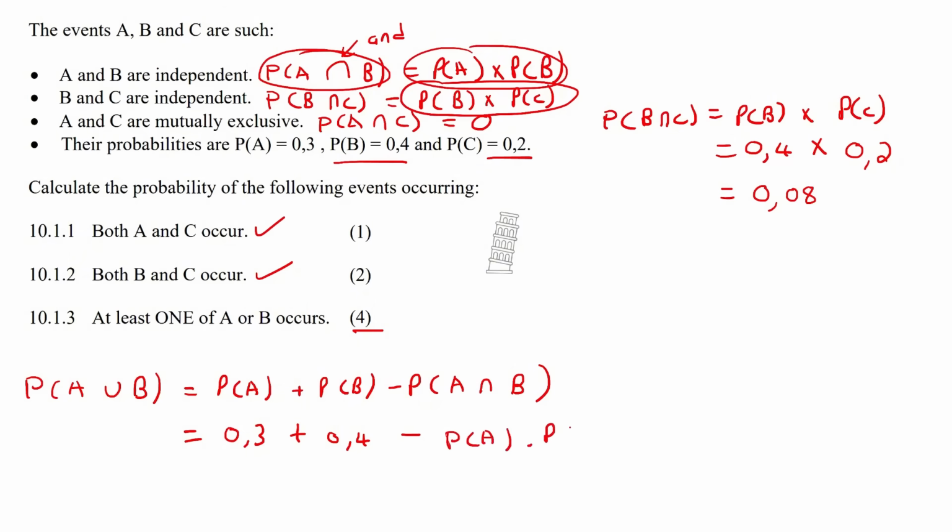So that's going to be 0.3 plus 0.4 minus 0.3 multiplied by 0.4. Go ahead, chuck that all in on the calculator.